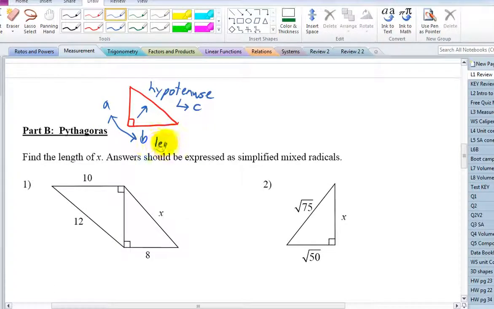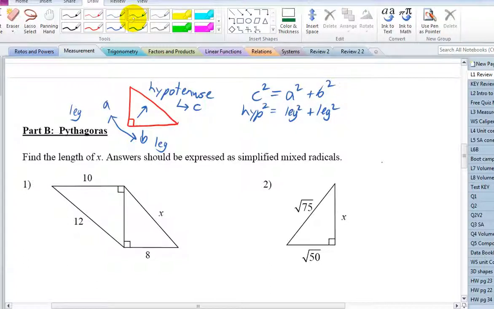So we call this a generic leg. The formula is C squared equals, and I always like to start with that one, A squared plus B squared. So really it's the hypotenuse squared equals a leg squared plus a leg squared.